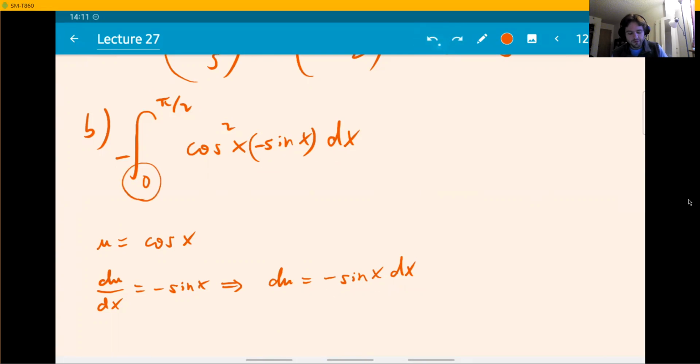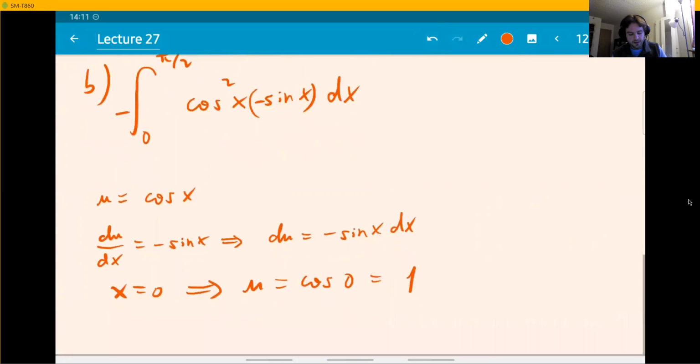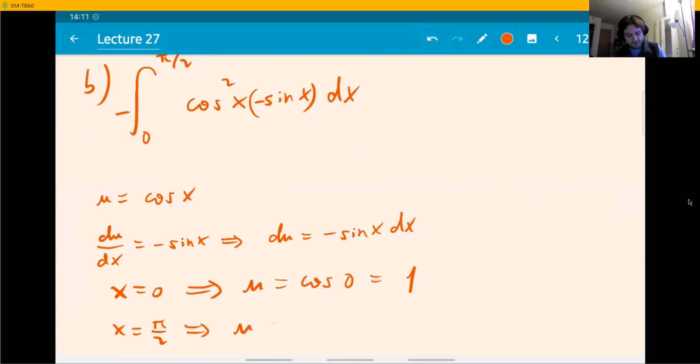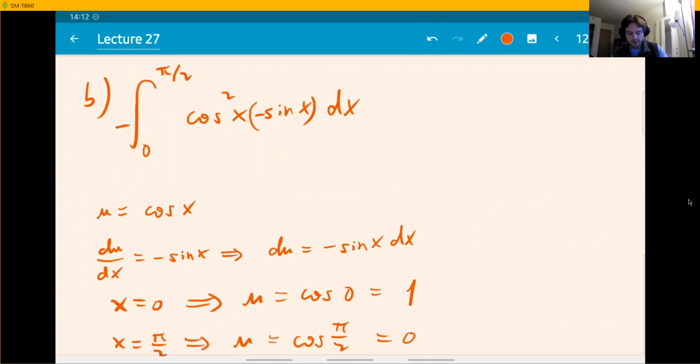When x is 0, the corresponding u is, here's u in terms of x, cosine of 0, that is 1. And when x is pi over 2, what is u? Cosine of pi over 2 is 0. You see that the endpoints are going to change like this. 0 becomes 1, pi over 2 becomes 0.